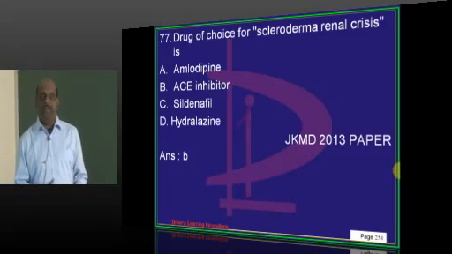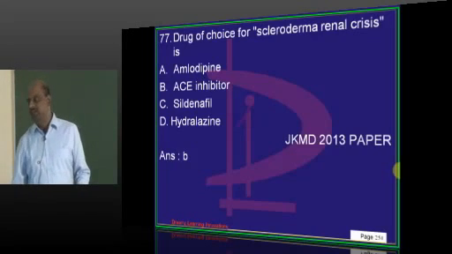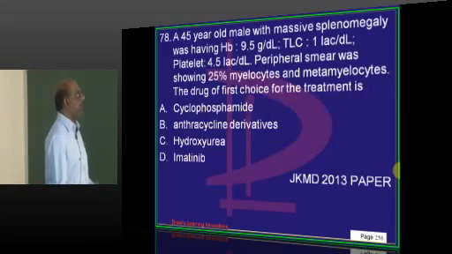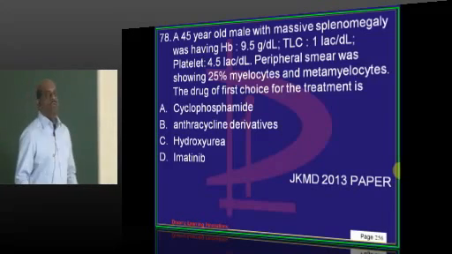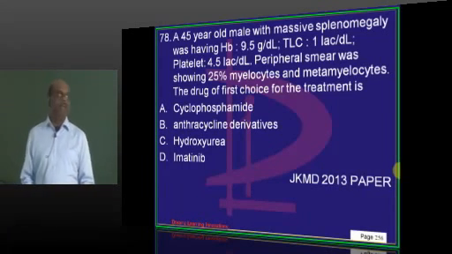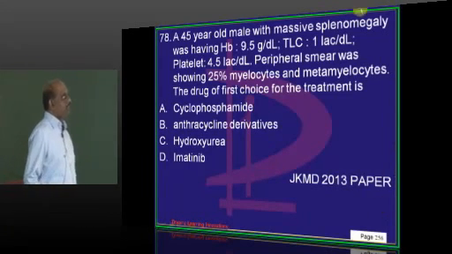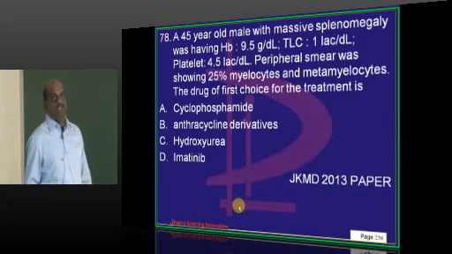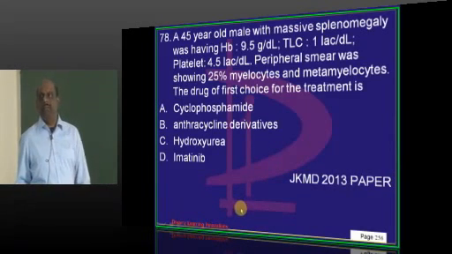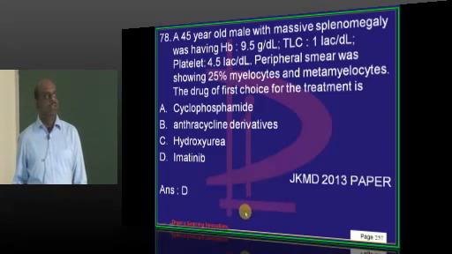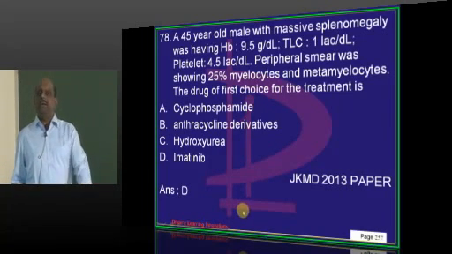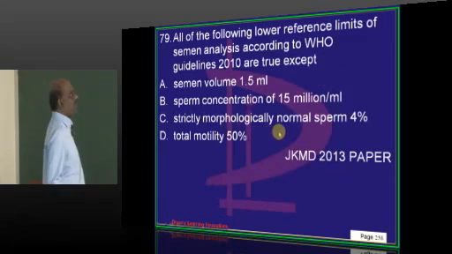Though there is a renal failure, we give the ACE inhibitors, is what you have to ultimately remember. A 45-year-old with a massive splenomegaly and myelocytes, metamyelocytes, classical example of CML. Imatinib mesylate has revolutionized the management of CML, is what needs to be remembered.